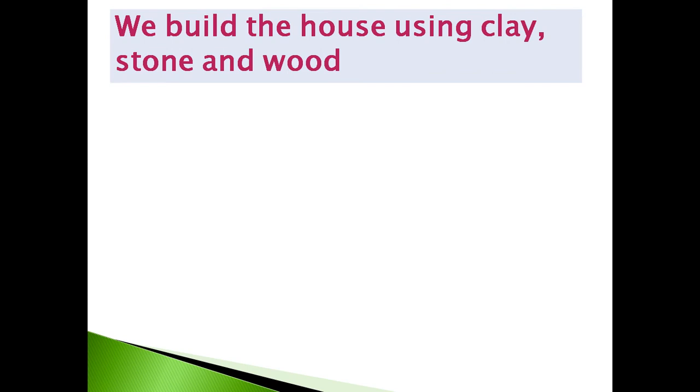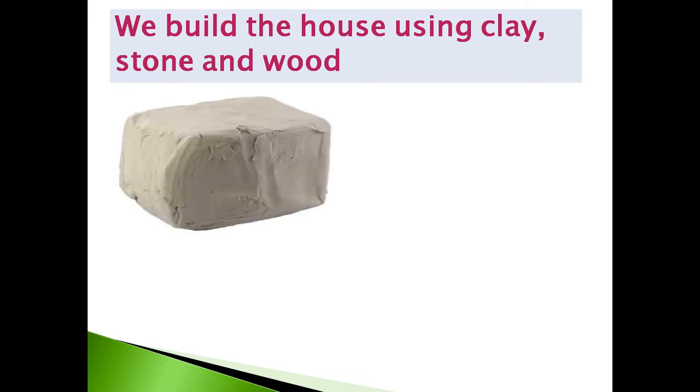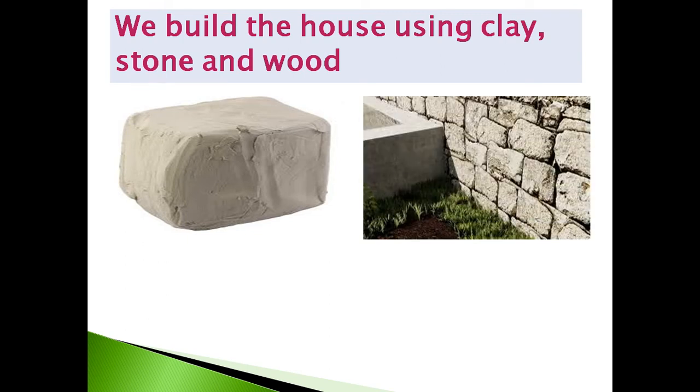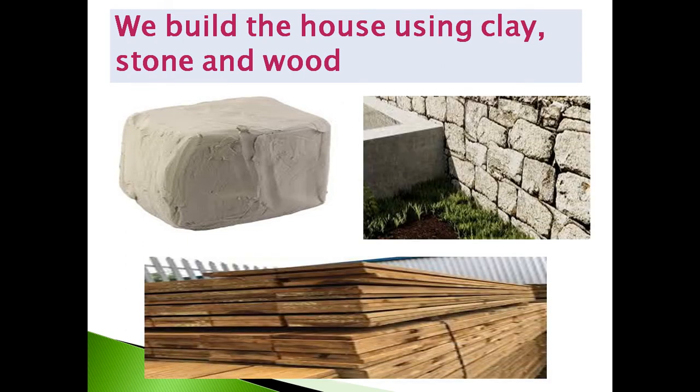We build a house using clay, stone and wood. Students, as the bird's shelter is a nest, in the same way the human being's shelter is a house. And to build a house, we need three things: clay, stones and wood.